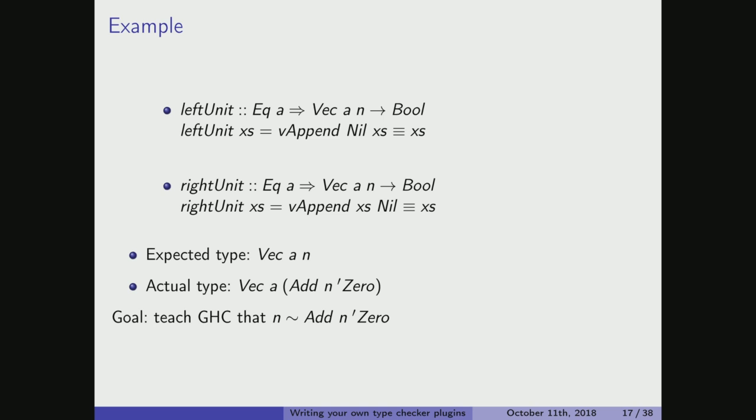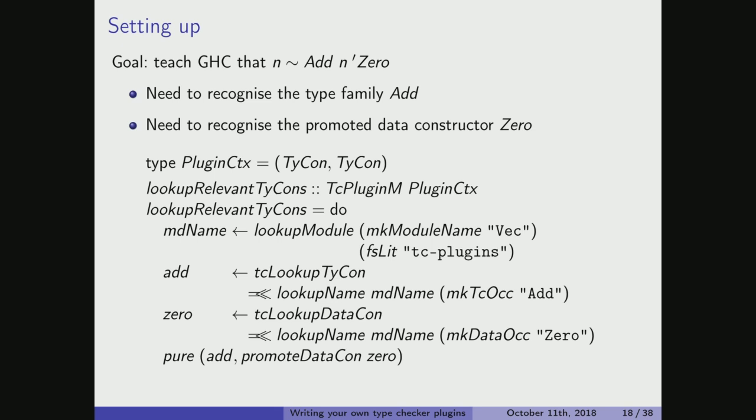Our goal is to tell GHC that this constraint can be satisfied. So first of all, we need to set up our type checker plugin. We need to find these constraints. We need to somehow pattern match on our constraints and fish out those that match this pattern.